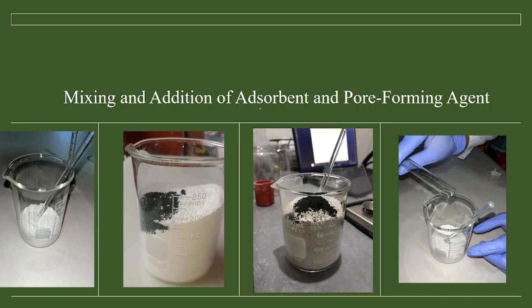So homogeneously in a 250 ml beaker, we mix the activated carbon and the measured kaolin clay. And later, we add the sodium alginate solution, which we will discuss later, for us to have a stronger polymeric structure.